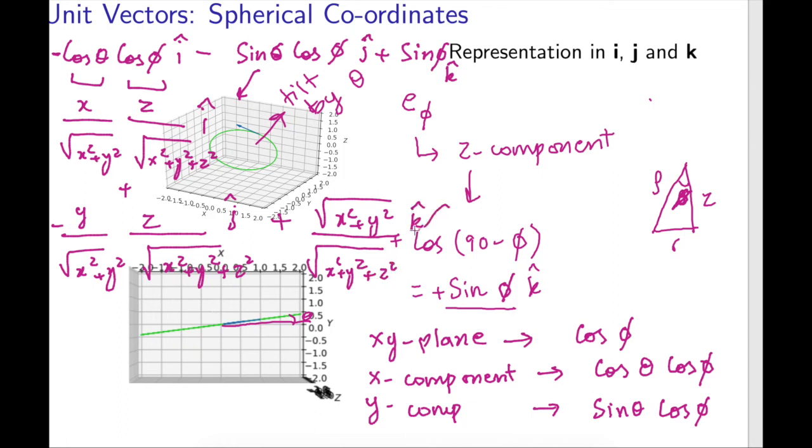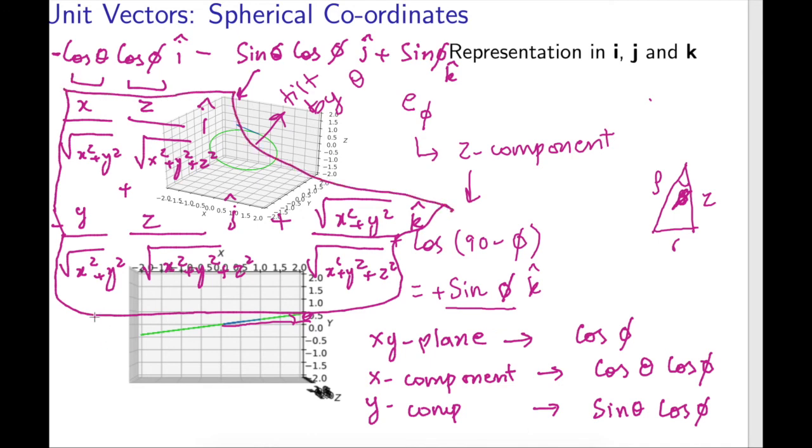Okay, so this is my expression for E of phi.